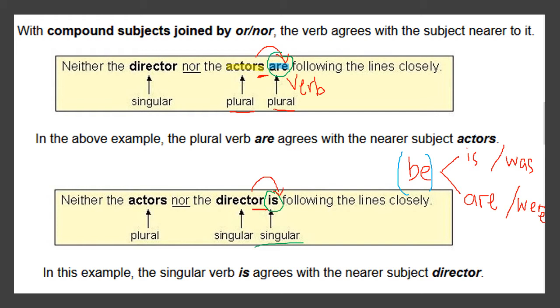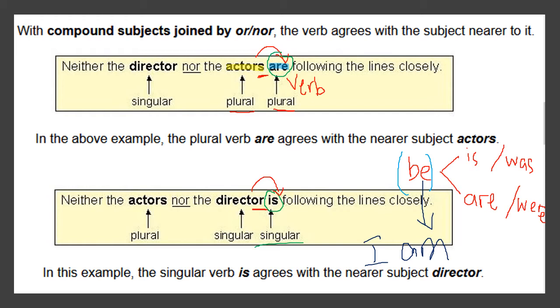And be is for I, you, we, they, he, she, it. But for the word I, we always use what? Can you remember? For I, we always use am. You don't say I is. You don't say I are. So be has another form, which is am.